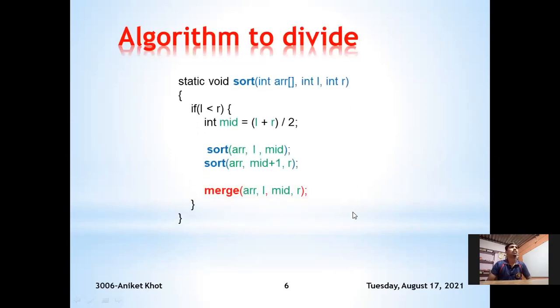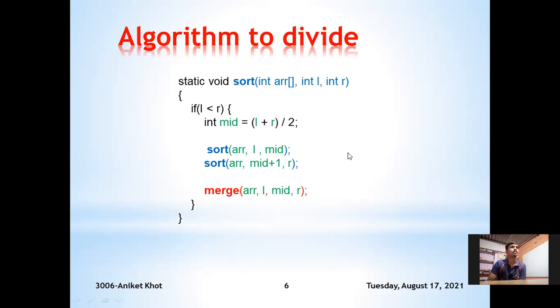So this is the algorithm we discussed. Here we calculate mid by the 0th index plus the last index. This method is used to break our conditions, that is the dividing method.